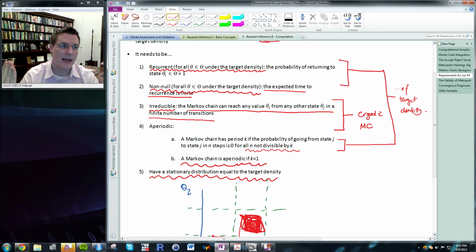And it shouldn't be the case that I can only get back in some predetermined number of intervals, like every 2 periods, every 3 periods, every 4 periods. A Markov chain is aperiodic if that cyclicity doesn't exist in the structure. So I think that's worth revisiting. This is a better definition than the one I originally proposed that really gets at the heart of what aperiodicity means. It just means that there's no cyclical nature built into the Markov chain process.